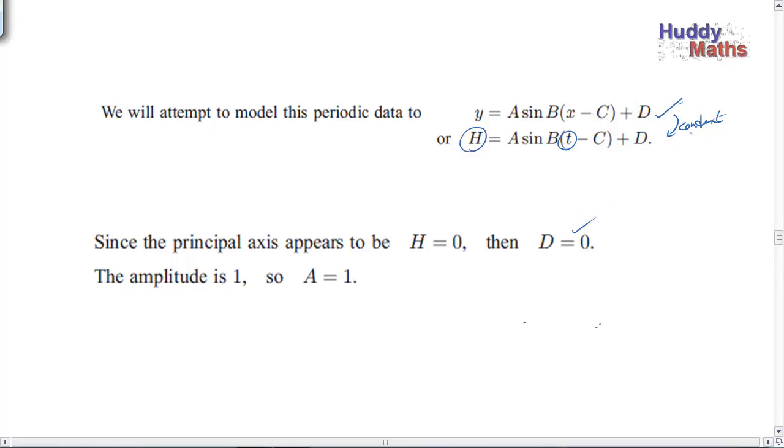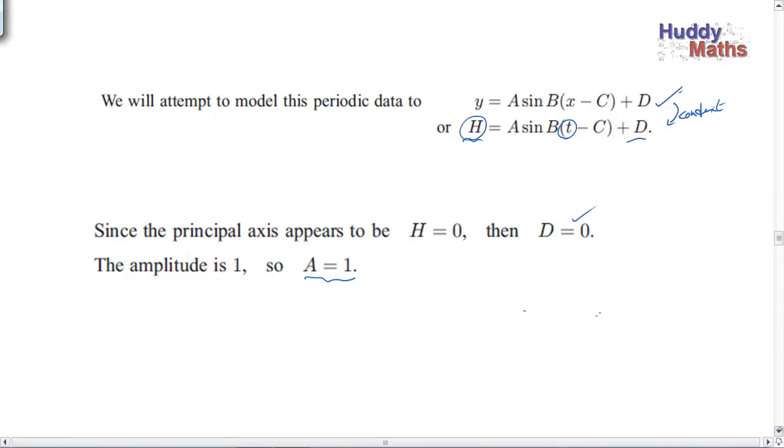So h will be naught there when d is naught. So at 0 time, that's going to be our situation. Amplitude is 1 because we actually haven't measured the height there. We're going to go with a conventional sine curve from 1 to neg 1. So a is 1. Okay, so it's right on the axis there.